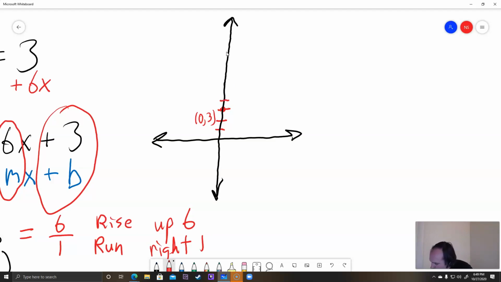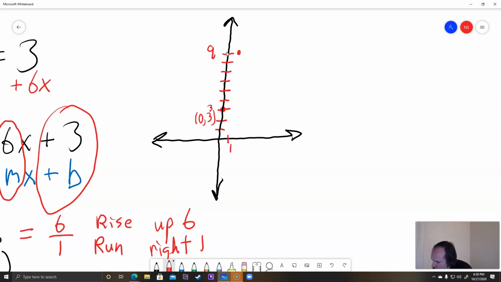So up 1, 2, 3, 4, 5, 6. So this is at 3 right now. So that's 3, 4, 5, 6, 7, 8, 9. So we go up 6, and then we said right 1. So we're going to go right 1 to positive 1 here.